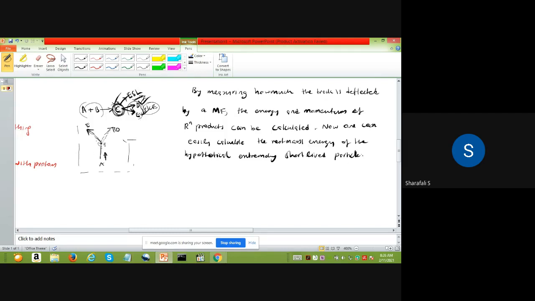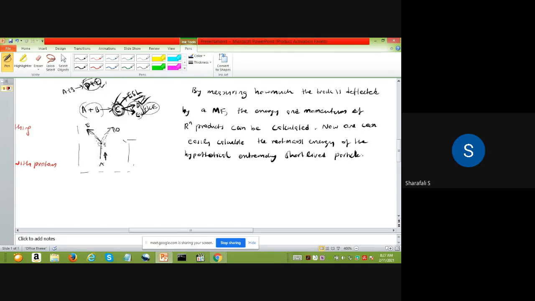That is not going to happen if A plus B is going to become D plus E. Suppose this happened without forming those extremely short-lived particles. Then this will not give you the same track always. See, sometimes the energy of D can be larger and the energy of E smaller.